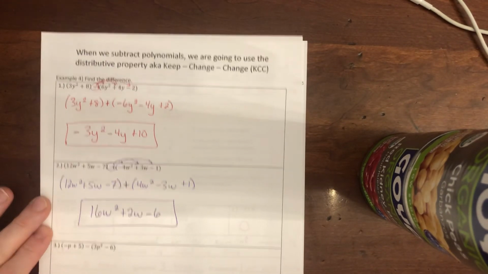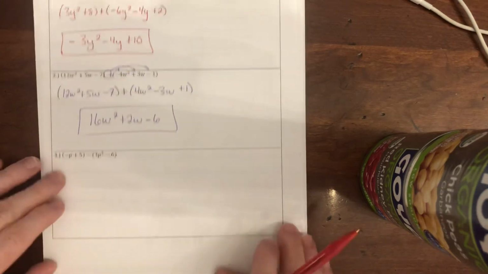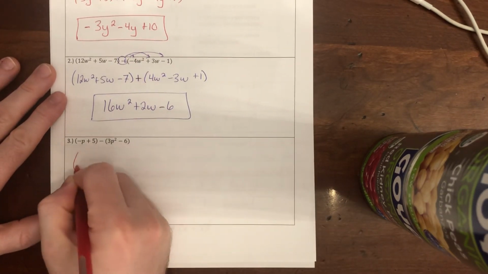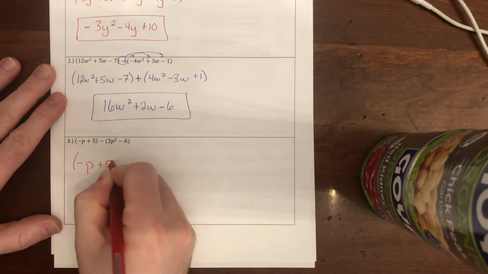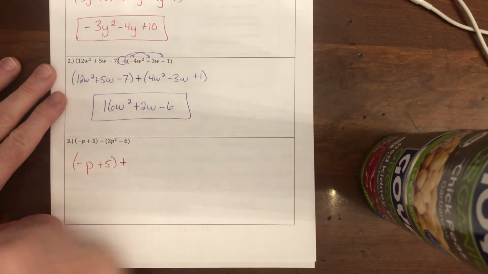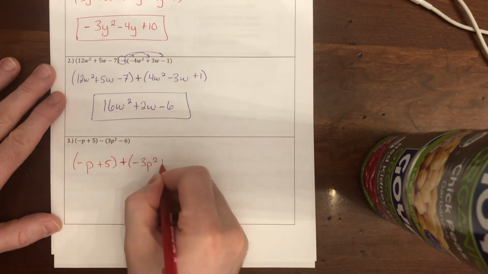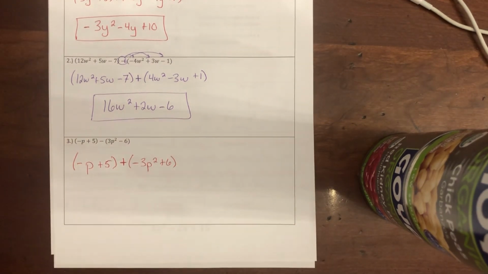All right. So now our last one here, example number 3 for this part. We're going to keep the first parenthesis the same, change the middle sign to addition, and change all of the signs in the second parenthesis. Now this one's tricky because we don't have a lot of like terms here, but we want to save ourselves some steps and start off by writing it in standard form.